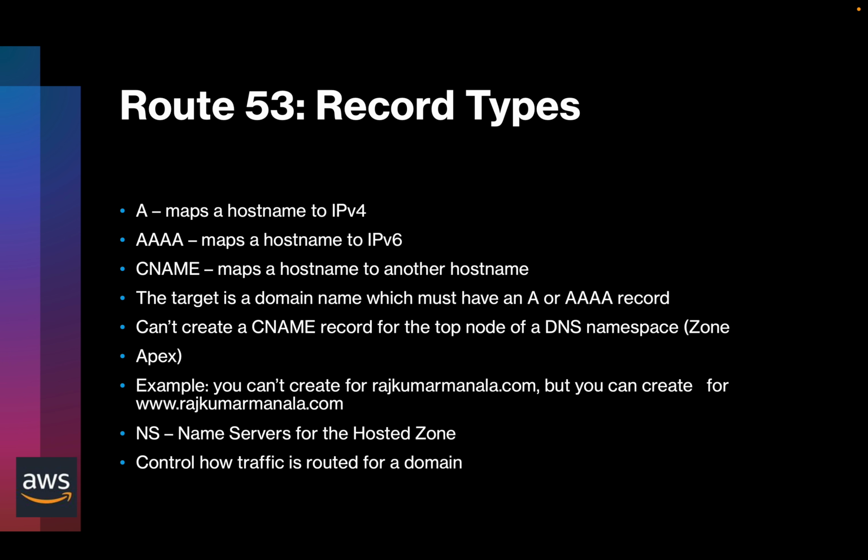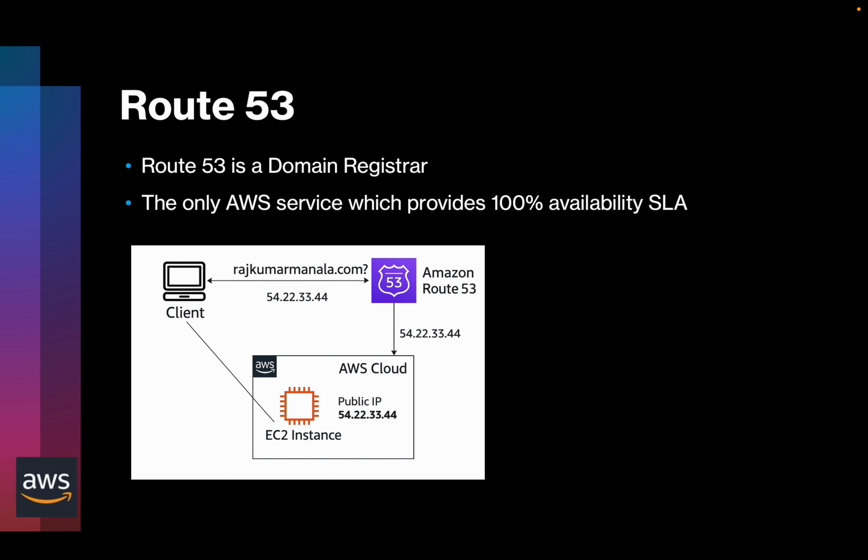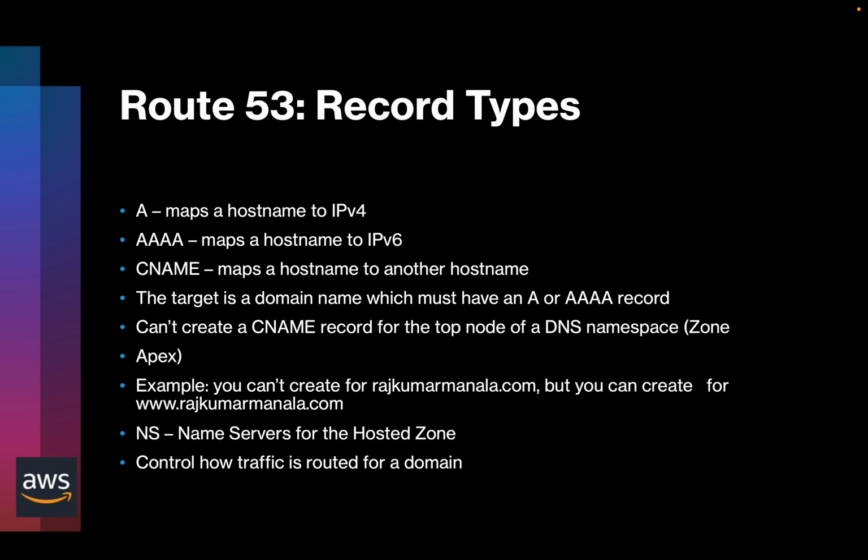Then CNAME maps a host name to another host name. Let's say I want to map rajkumarmanala.com to another host name, then I can do it as raj.rajkumarmanala.com by using the CNAME. The target is a domain name which must have an A or AAAA record. That's the main domain name, and under that we can have the CNAME as a subdomain name.